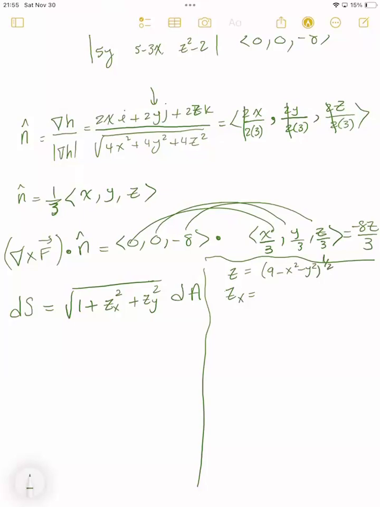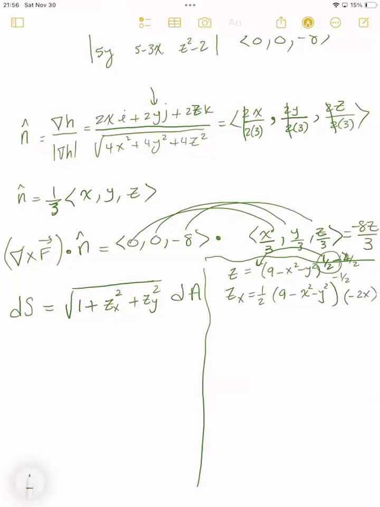To find the partial with respect to x, we are going to multiply by 1/2 times the parentheses. We are doing chain rule. Then subtract 1 from the exponent. So 1/2 minus 1, I write 1 as 2 over 2, so 1/2 minus 2 over 2 is minus 1/2, times the derivative of the inside, which is negative 2x.